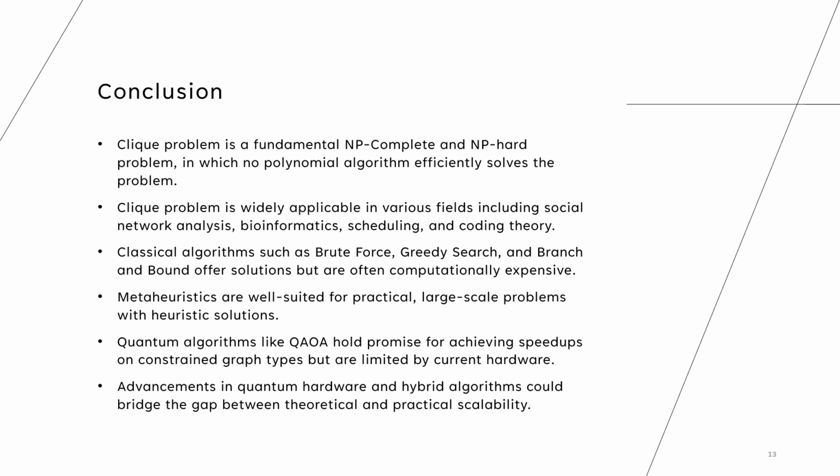Meta heuristics are well suited for practical and large-scale problems with heuristic solutions. Similarly, quantum algorithms like QAOA hold promise for achieving speedups on constrained graph types, but are limited by current hardware. More advancements in quantum hardware and hybrid algorithms could bridge the gap between theoretical and practical scalability.